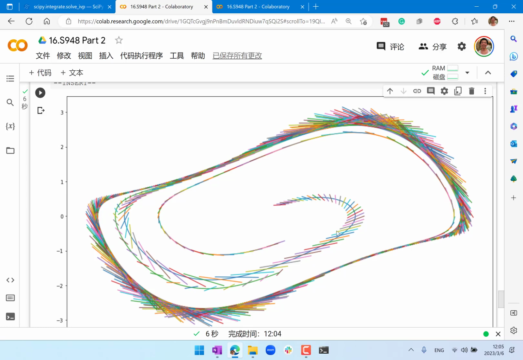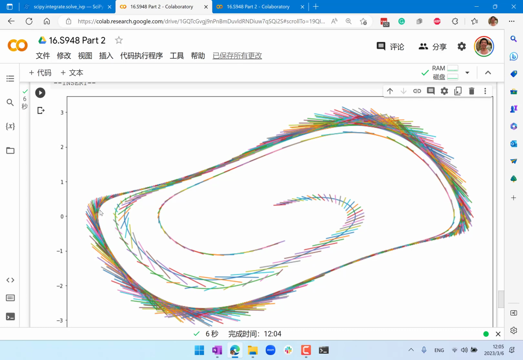But as time evolves, as the trajectory comes onto the limit cycle, the perturbation shown as the lines are becoming more and more tangential to the trajectory. So what does being tangential mean?